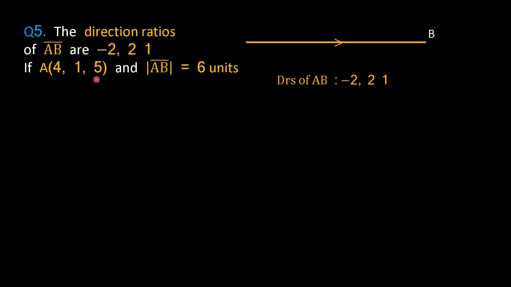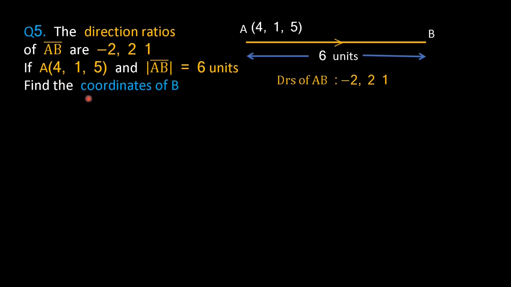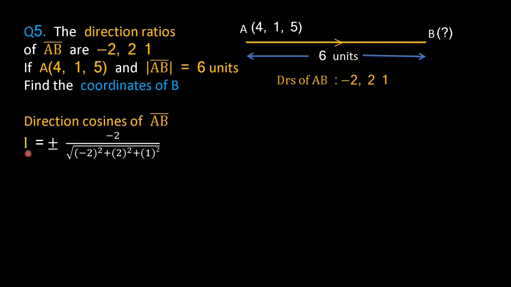Question 5: the direction ratios of AB bar are minus 2, 2, 1. If A is (4, 1, 5) and mod AB bar is 6 units, then we have to find the coordinates of point B. First, we will find the direction cosines of AB bar. So l will be plus minus minus 2 upon square root of minus 2 square plus 2 square plus 1 square.